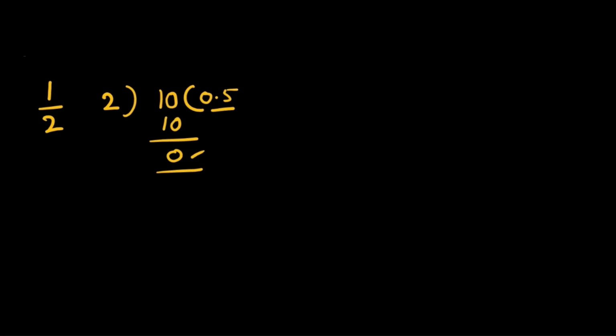Now let's take another example, 3 by 4, 4 dividing 3. So 4 doesn't go in 3, so we put a decimal point and make this as 30. And 4 sevens are 28. So the remainder is 2 here, and we have to make this as 20.